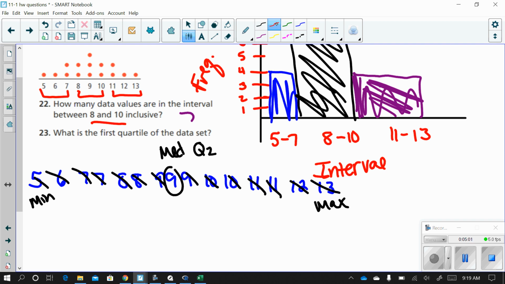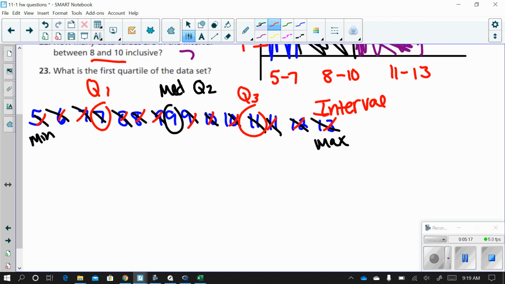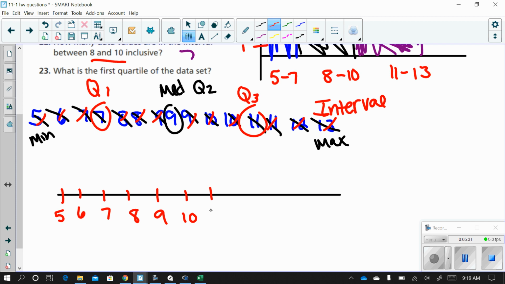Okay, let's find our Q1. Find our Q3. And now we can make our box and whisker plot. We need to go from 5 to 13: 5, 6, 7, 8, 9, 10, 11, 12, 13.